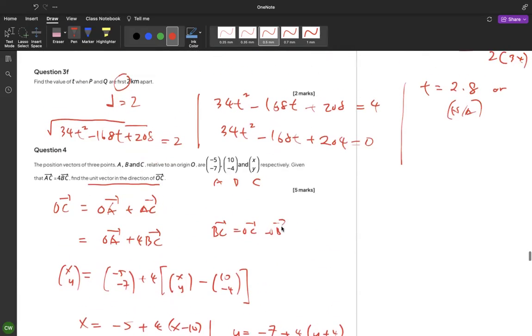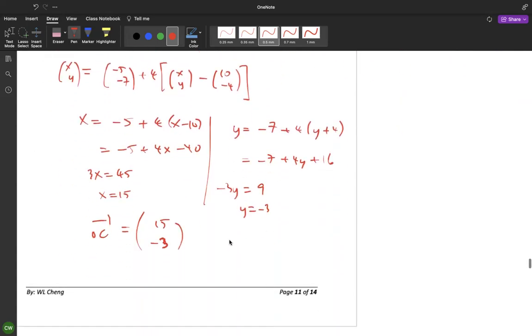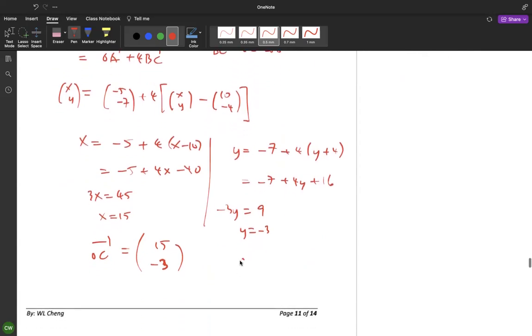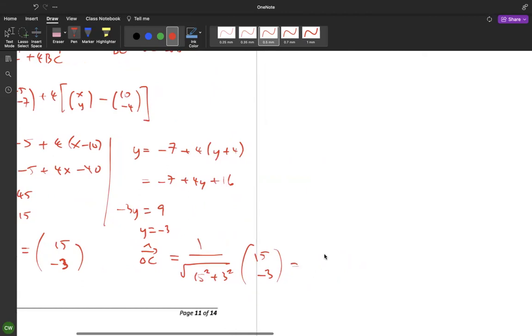OD. Yeah, OD. Okay, OC, you have to find the unit vector. So for the unit vector, you need 1 over the magnitude, then multiply by 15 and minus 3. So this is 1 over square root of 15 square plus 3 square.